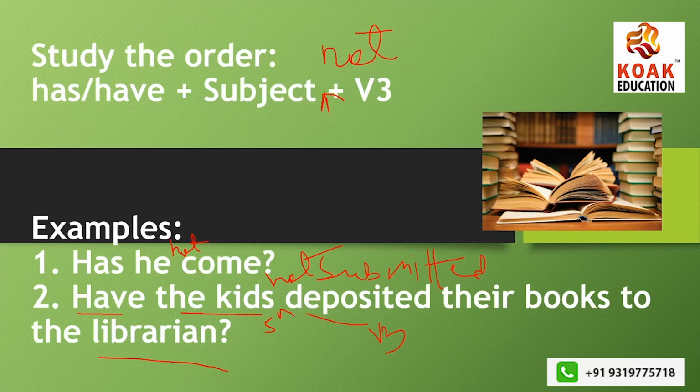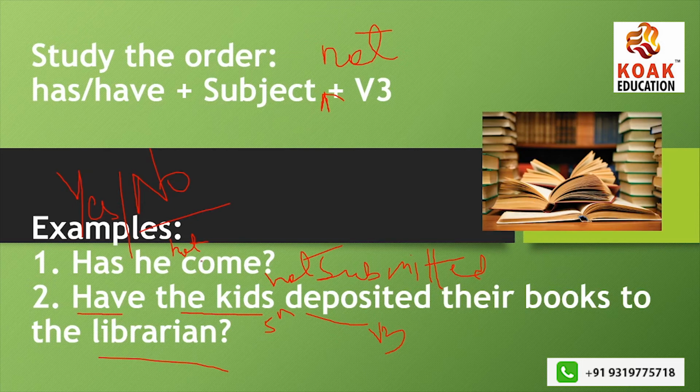Now see, if I name these sentences, the question sentences are a part of interrogative sentences. The type of sentences that we are doing is interrogative, which is further subdivided into yes or no or WH questions.